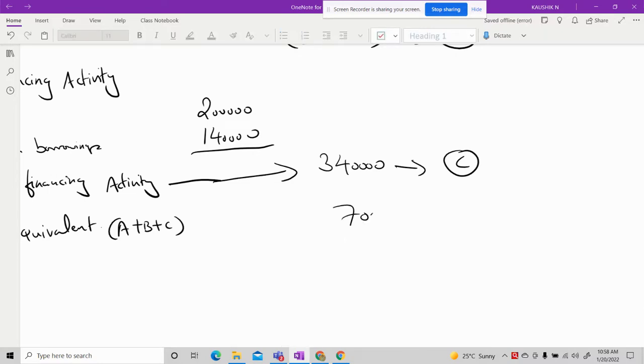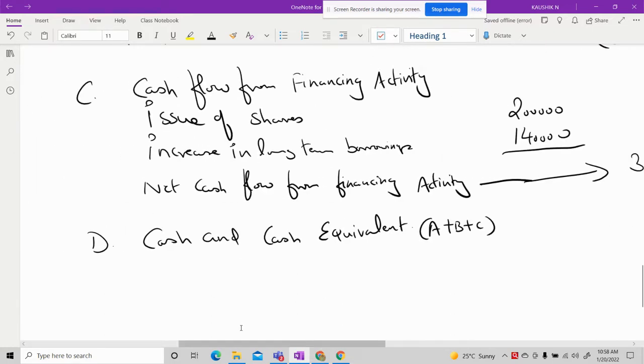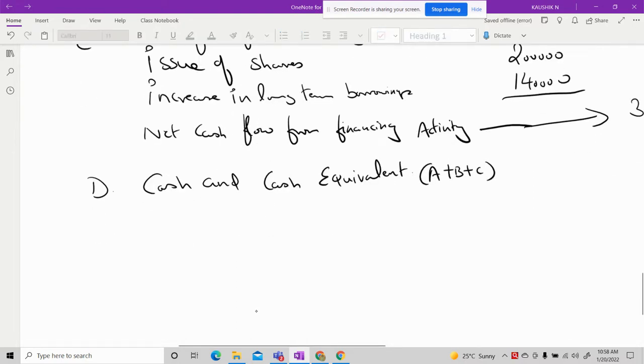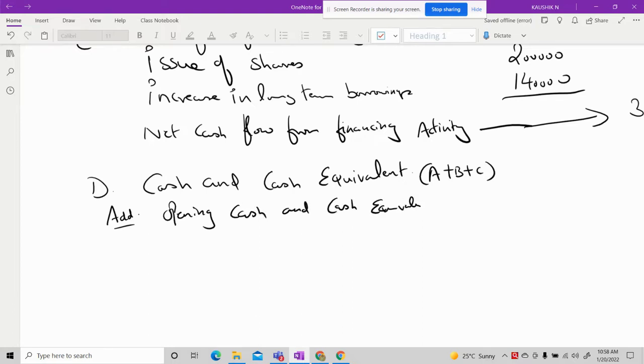To this 70,000, I should now add my opening cash and cash equivalent. This is the value of rupees 7 lakh 50 plus 3 lakh, which is a total of rupees 10 lakh 50.